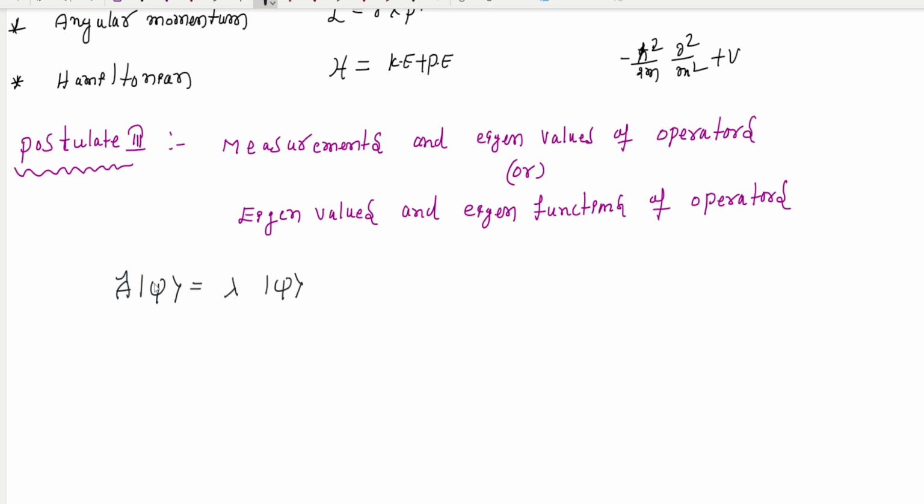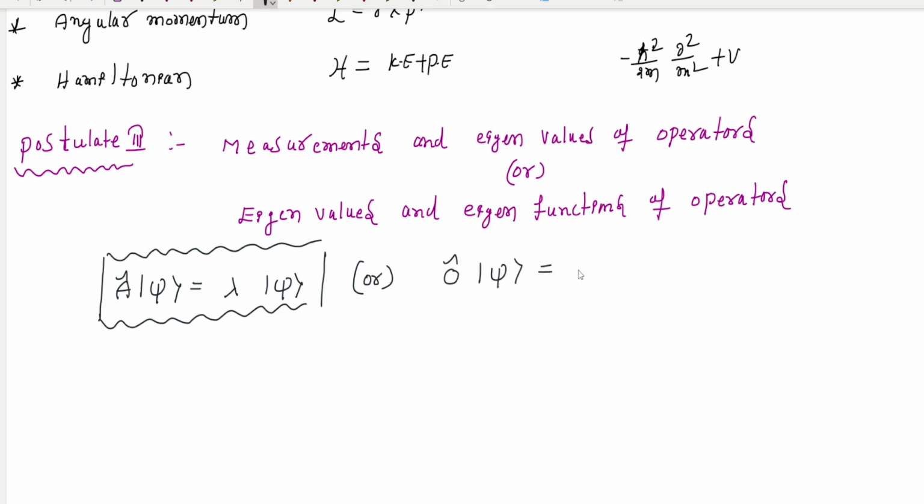So if you apply an operator on this quantum state and you get the same quantum state back, multiplied by some constant value, this type of equation we call the eigenvalue equation. Or we can write it as: operator O applied on a wave function psi gives the same wave function multiplied by some constant value.